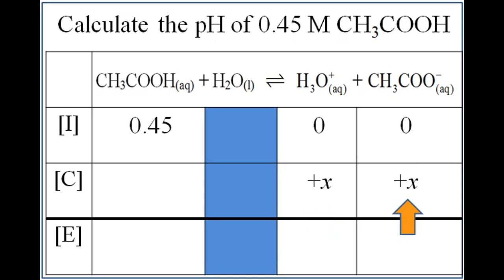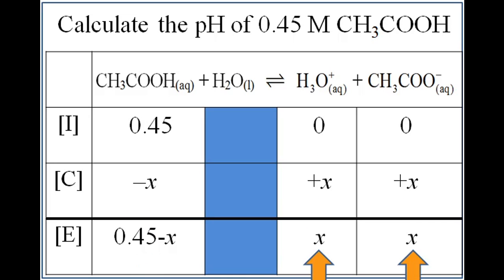Since the acetate ion has the same coefficient as hydronium, it will also increase by X. The CH3COOH is on the other side of the equation, so its concentration will go down by X as it's ionized. So the equilibrium concentration of acetic acid will be 0.45 minus X. And the equilibrium concentrations of hydronium and acetate will both be 0 plus X equals X.